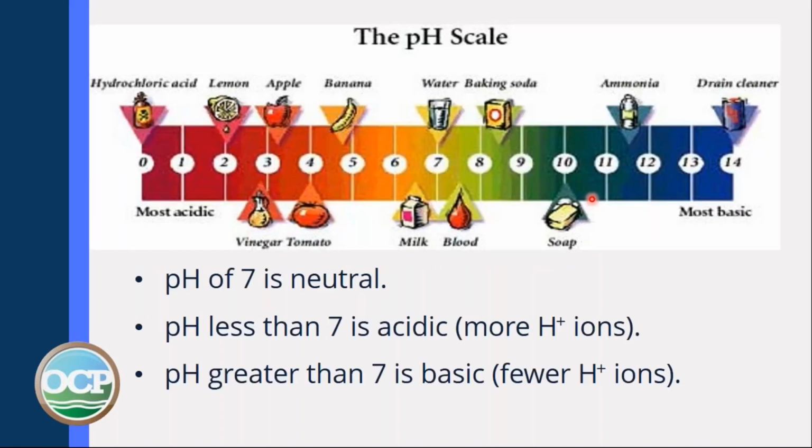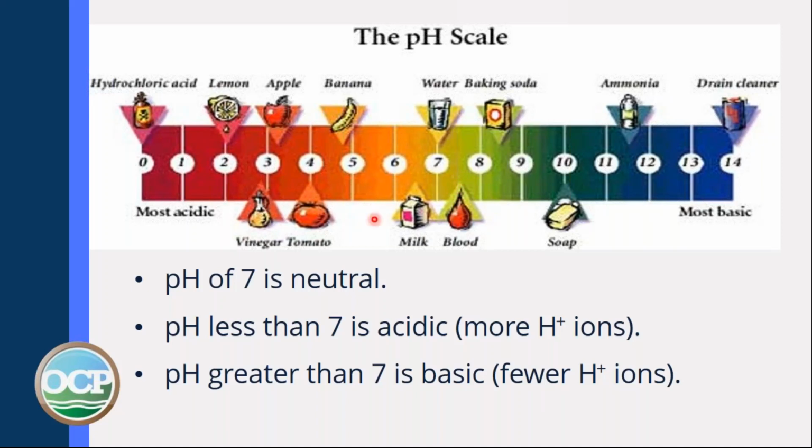This is a cartoon showing the scale of pH. pH 7 is neutral. Water that's not got anything in it should have a pH close to 7. Blood is slightly more alkaline.